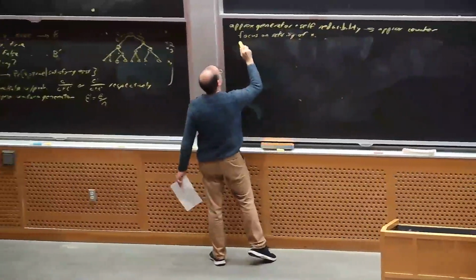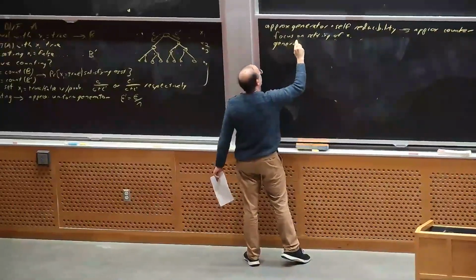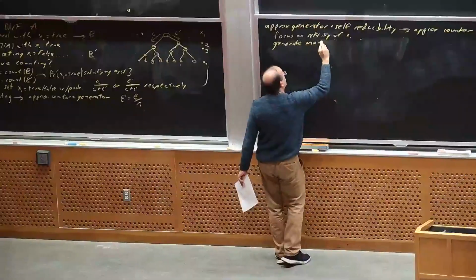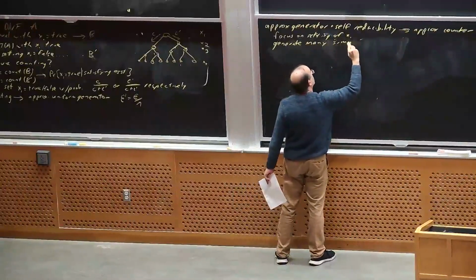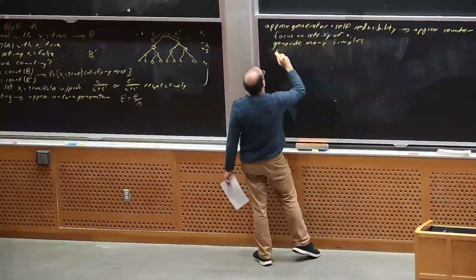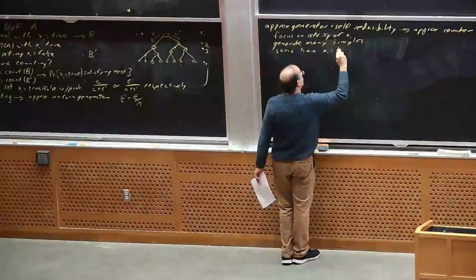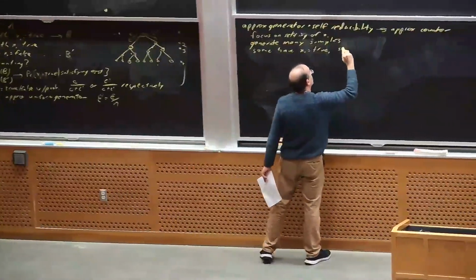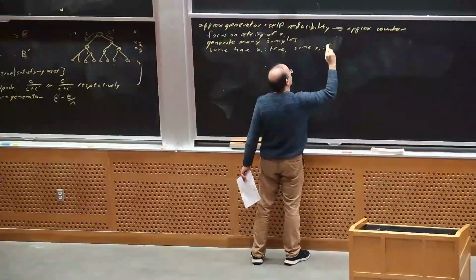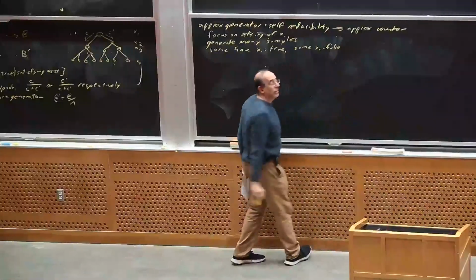Let's do it this way. Generate many samples. Some have x1 equal true. Some have x1 equal false. Right?